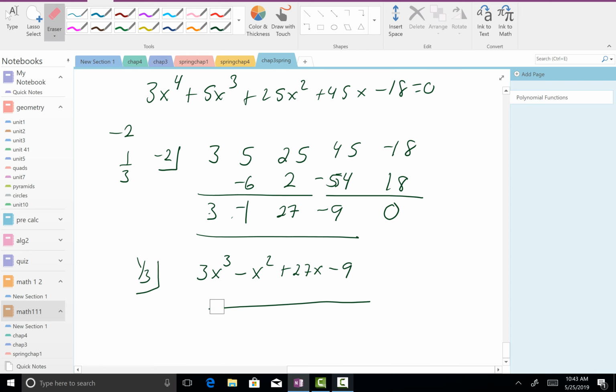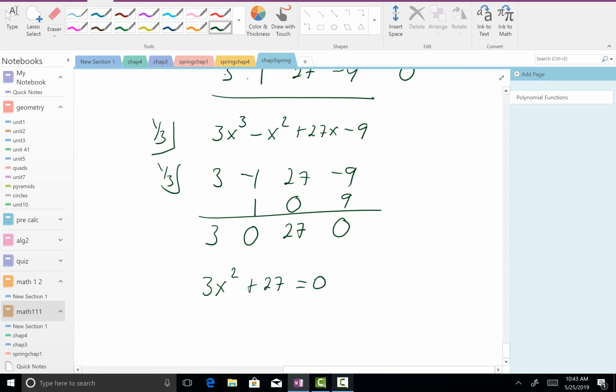Now I have it as a quadratic. I don't have any x's. I can set that equal to 0. Solve it for x. X squared equals -9. Square root.